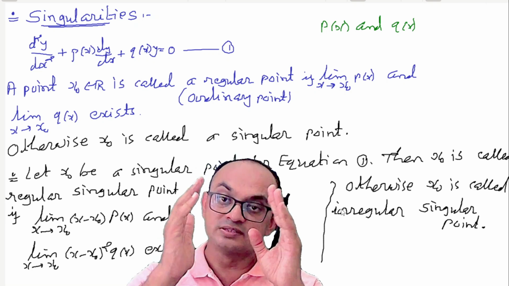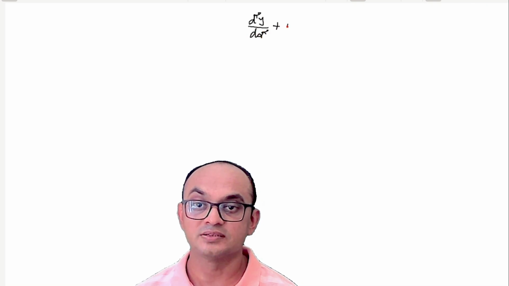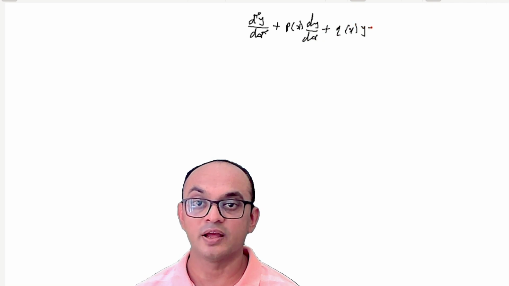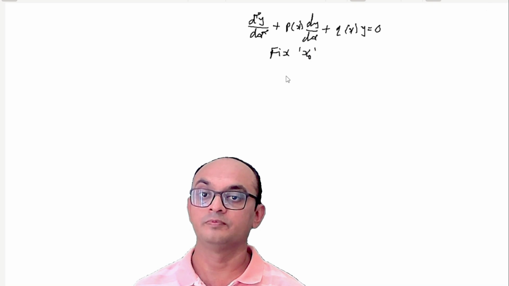Let us note this down in a structured format. We have the differential equation d2y by dx square plus p of x into dy by dx plus q of x into y equal to 0. I fix x0, then I check this.